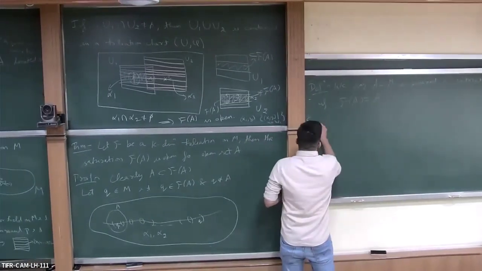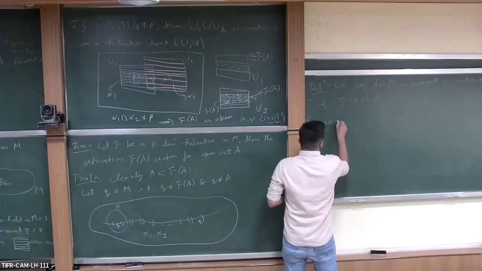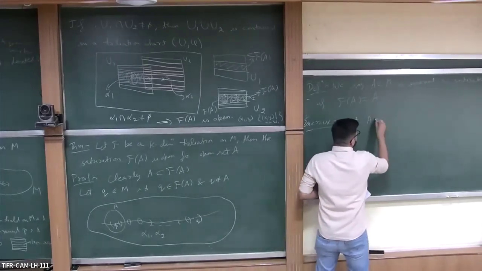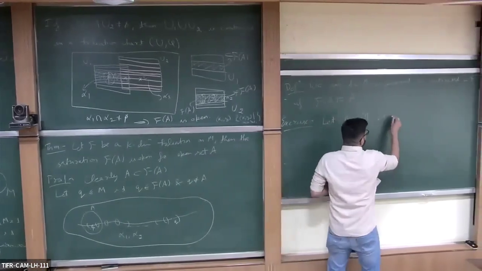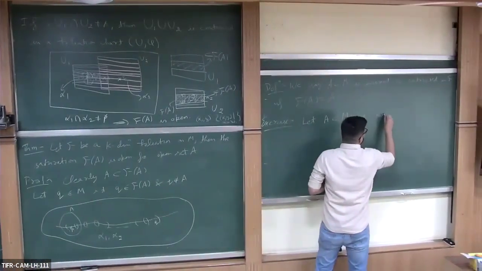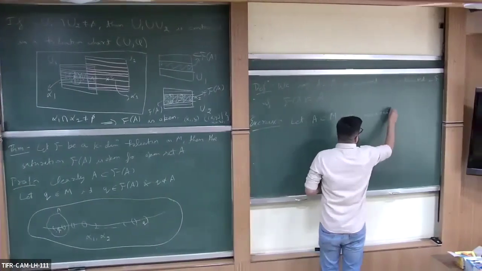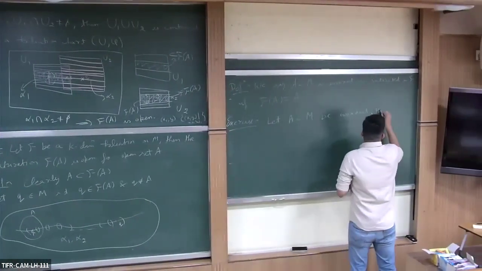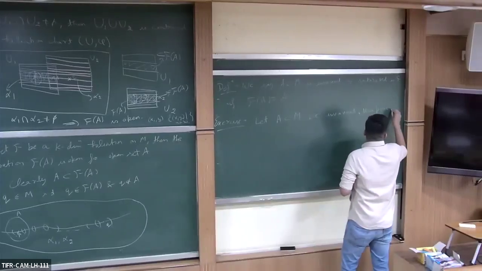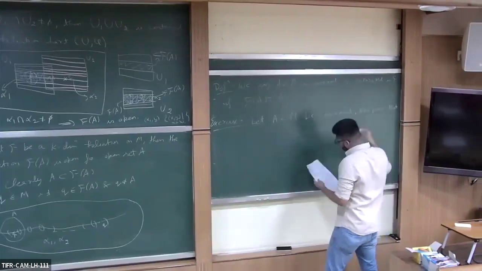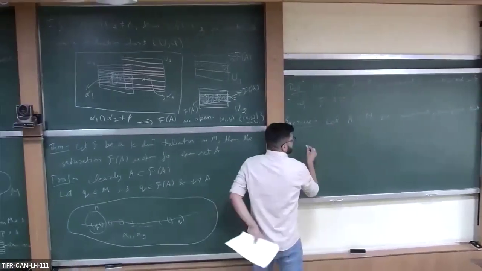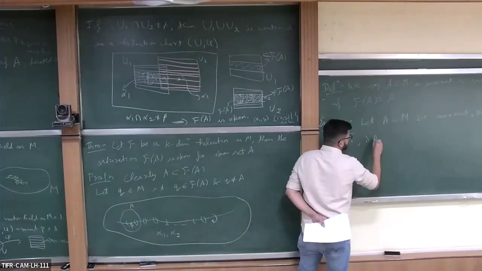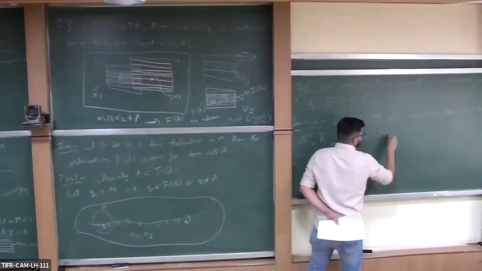As a small exercise, suppose that we have an invariant set. Then show that the interior and the boundary are both invariant.